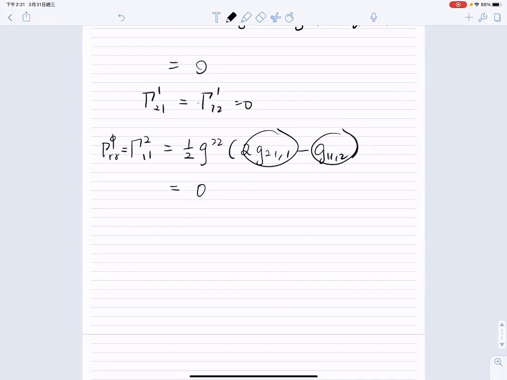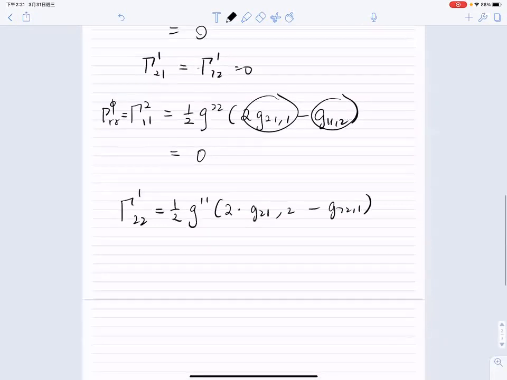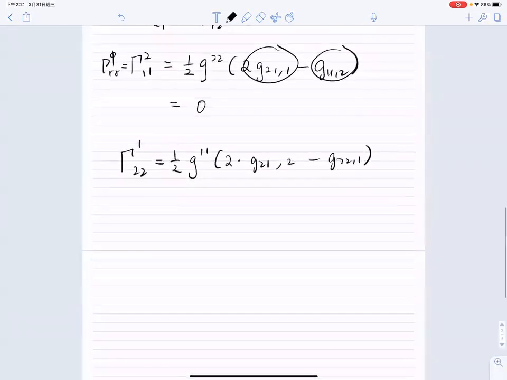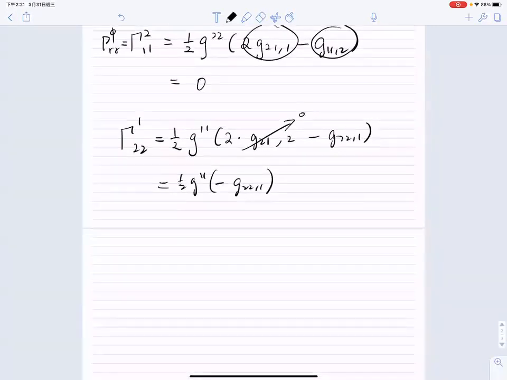And Gamma 1 2 2 would be 1/2 G^11 times (2 G_{21,2} minus G_{22,1}). The first term would be eliminated. The G22 component has a dependency on rho, so it would be non-zero.